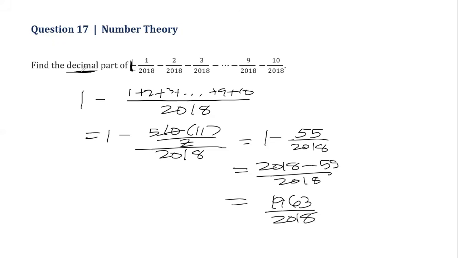So decimal part means the fractional part. So let's say you have a mixed number. This is the integer part. This is the fractional part. This is the fractional or the decimal part, supposedly. Does that answer your question? Yeah.